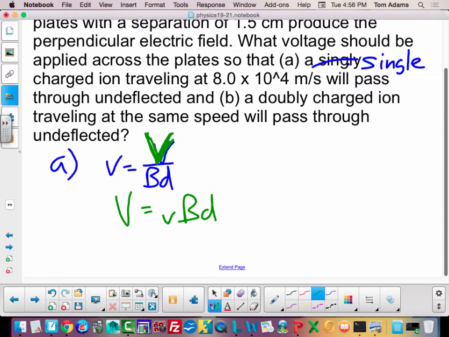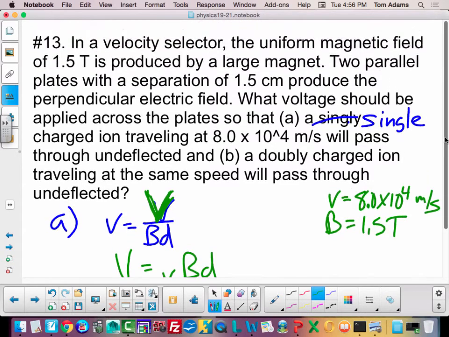So let's write some of this stuff down before I plug it in. I know that the velocity, little v, is 8.0 times 10 to the 4 meters per second. I know that the magnetic field is 1.5 Tesla, so capital B is 1.5 Tesla. And I'm double checking all these units.